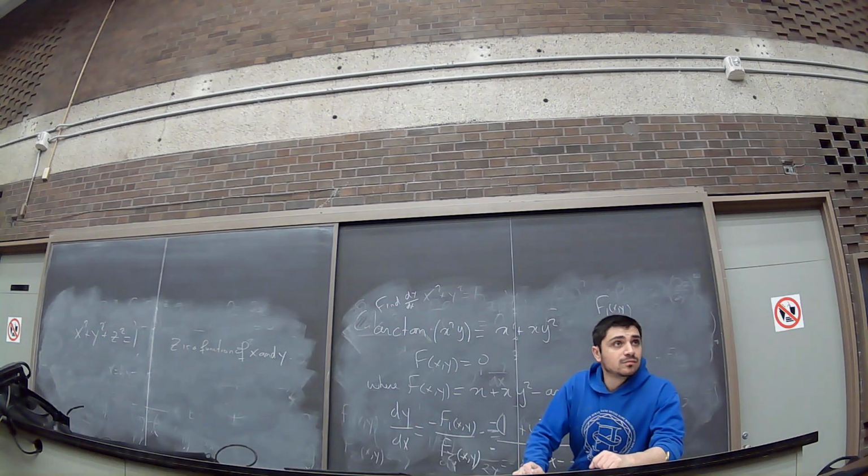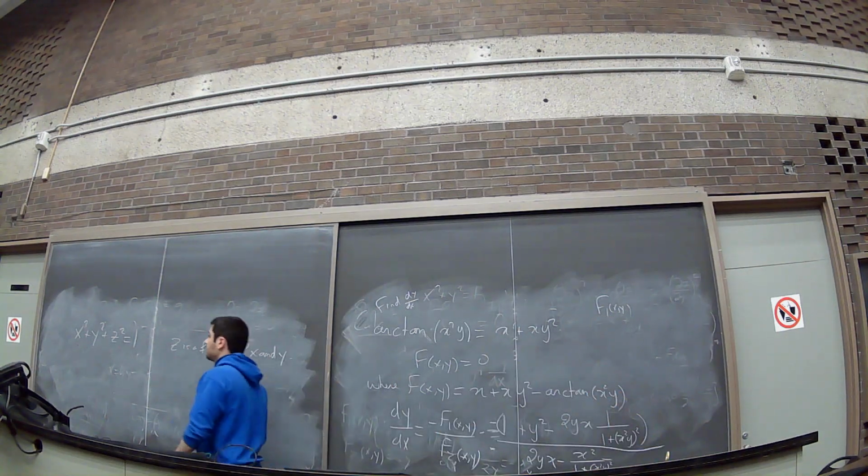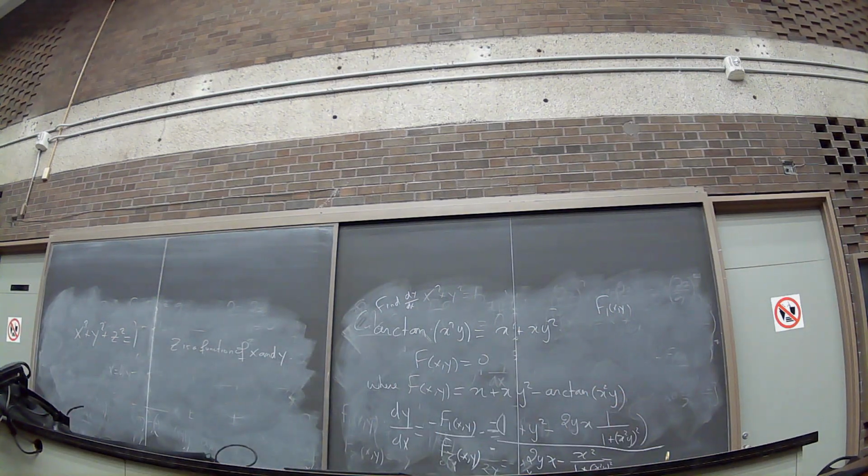Let's differentiate with respect to x. What's the derivative of x squared with respect to x? 2x.